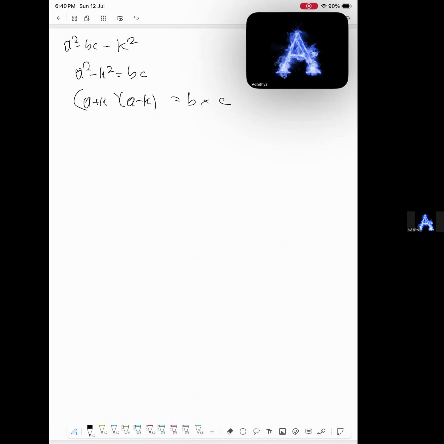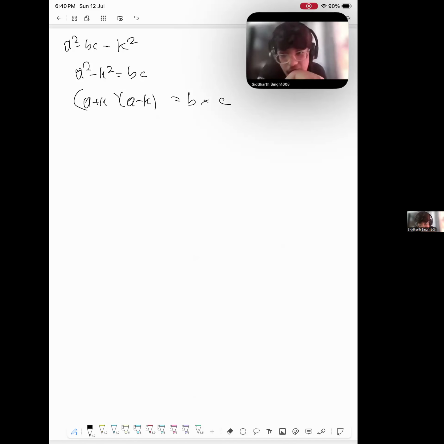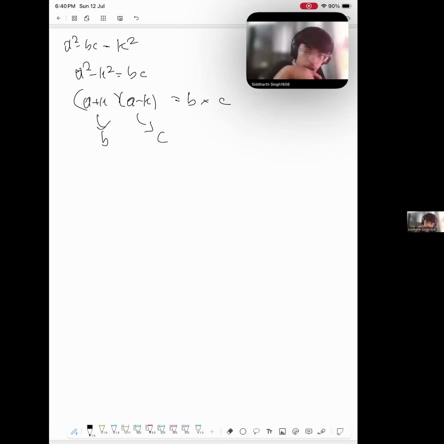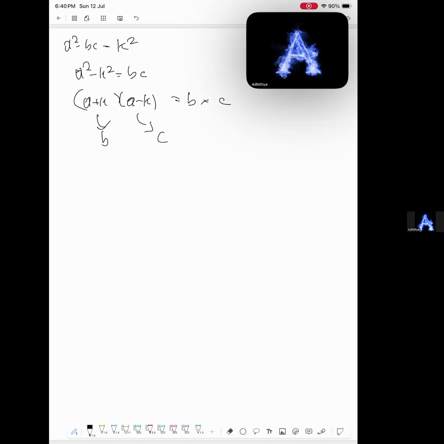Assume that a plus k is b and a minus k is c. Then you write a and substitute it in 2a plus b plus c. So a becomes b minus k, 2 times b minus k plus b, and you can also write c.